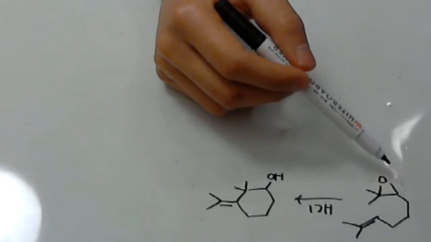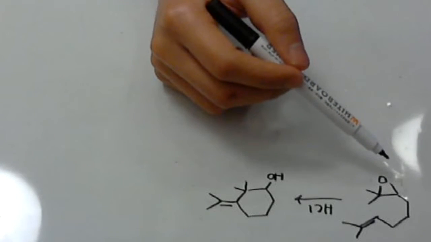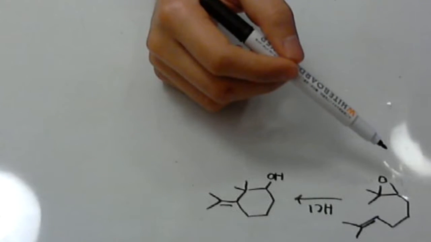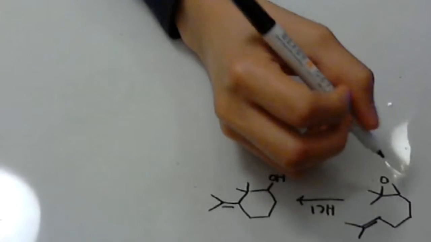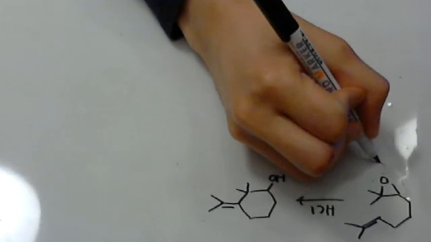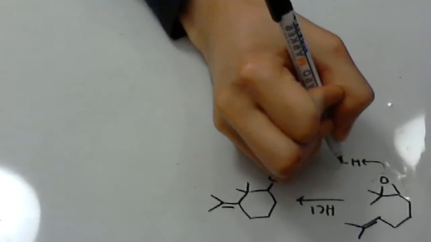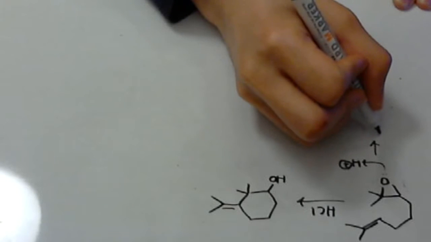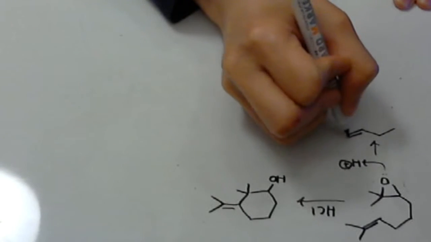So what's the most basic atom in this molecule? The most basic atom in this molecule is this oxygen on the epoxide. So what happens is, we have this oxygen on the epoxide, and it grabs the H+ from HCl. And what we get is just a protonated compound.